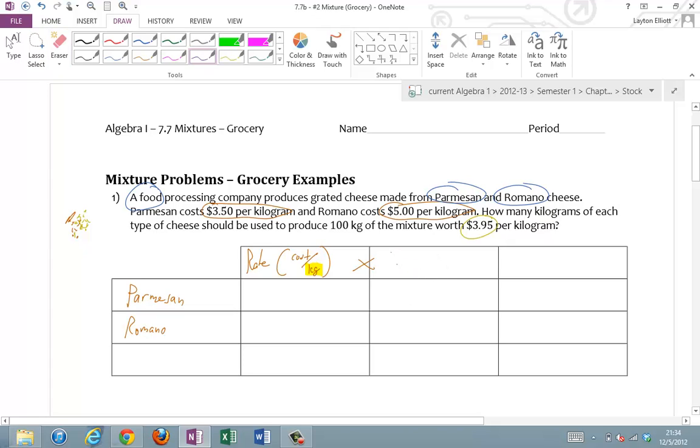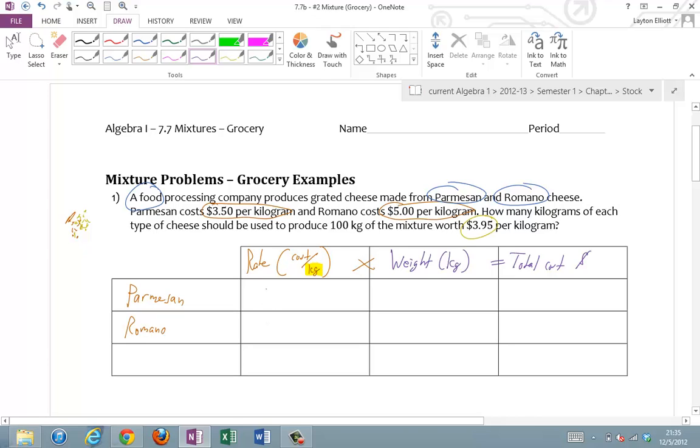It's food, so we'll talk about weight. Weight's probably a little bit better for food context, even though they should say mass. Weight in kilograms. Rate in cost per kilogram times the weight in kilograms, and that's going to equal the total cost. And you know, you can put dollars. We know it's dollars. So that's the setup for all of these.